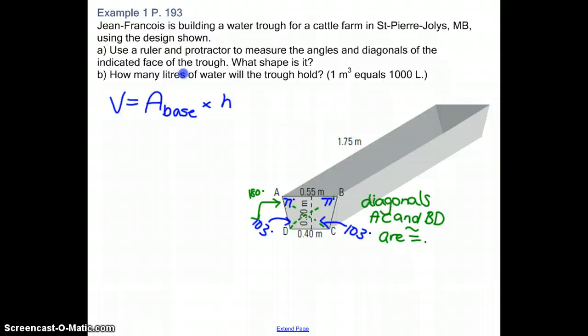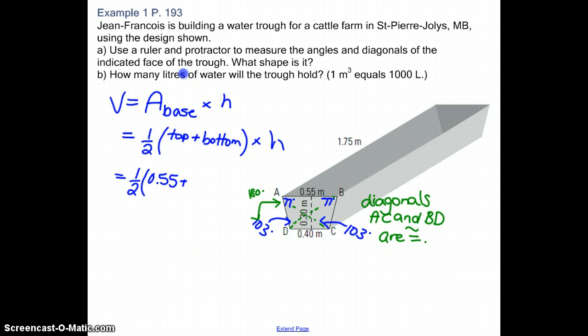So to calculate the area of a trapezoid, it is 1/2 times your top plus your bottom. So the top of your trapezoid plus the bottom length of your trapezoid times the height. So here we get 1/2 times 0.55 plus 0.4, all multiplied by your height, which is 0.3.